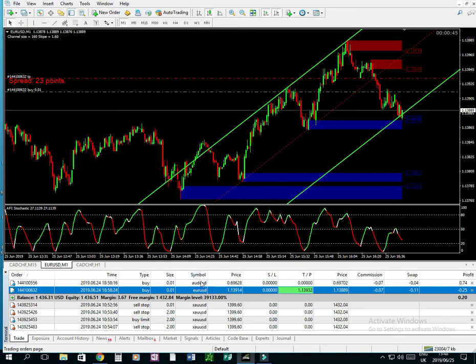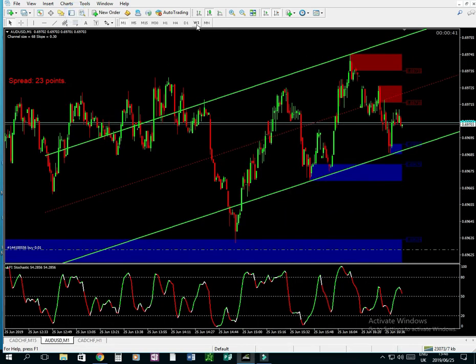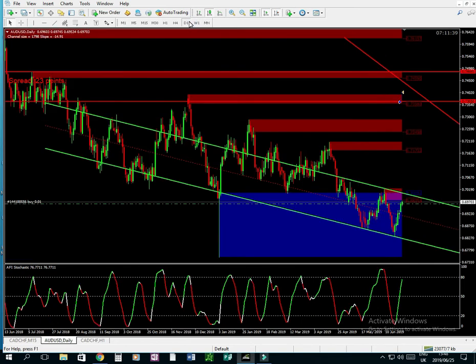Let's see what else. The AUD USD, starting from the daily chart, I could see that the market is actually buying, looking at the candlesticks. But it was dangerous for me to buy here because it's almost overbought.